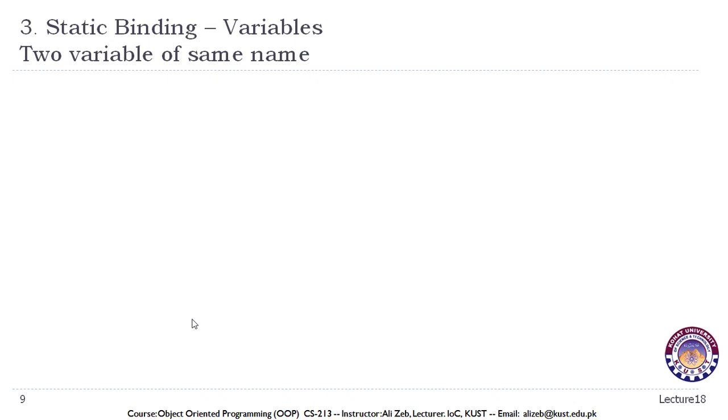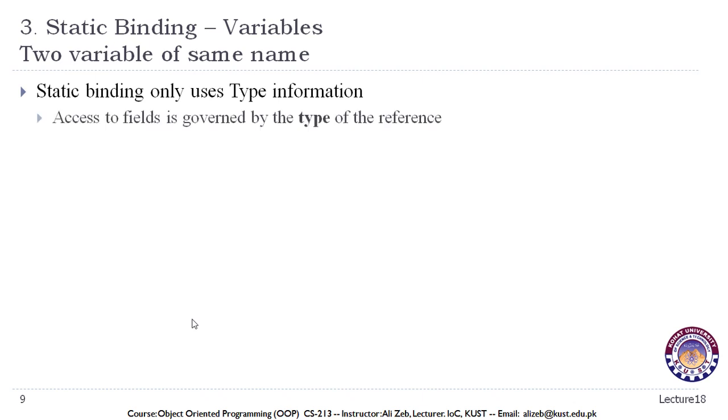Now let's look at a situation where we have two variables of the same name. We said that static binding only uses type information. Access to fields is governed by the type of the reference, as we saw in our previous slide as well.